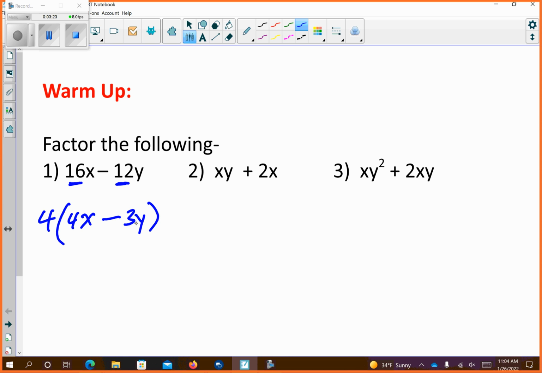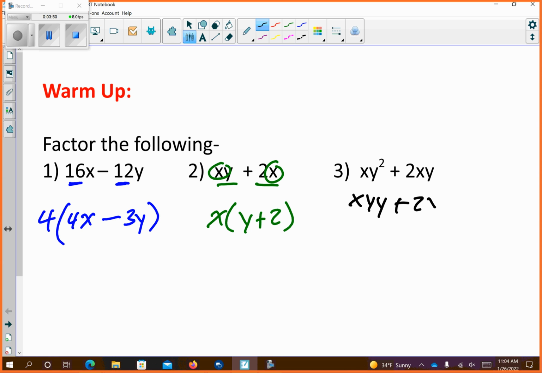Again, you don't have this in your notes. We're just warming up on it. Second question, what does it look like I have in common between those two terms? X. So if I factor an x out, I'm left with y plus 2. These were the same, so they just come straight out. And then number 3. We have to realize that xy squared is the same thing as xyy.